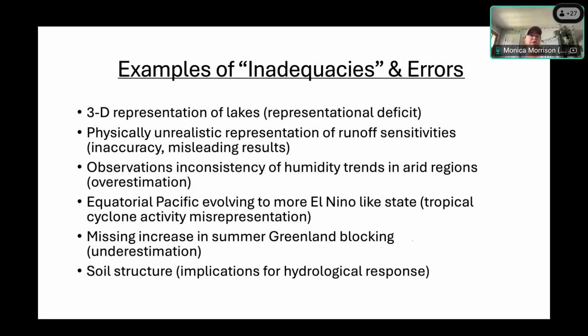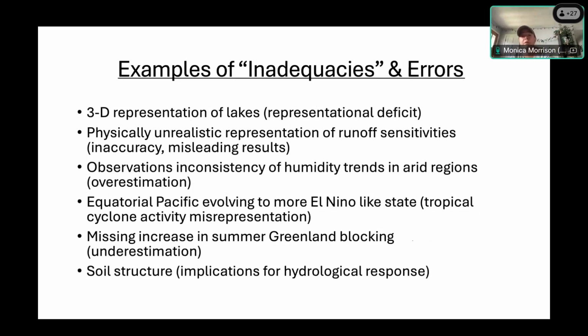simplifications and idealizations, like our representation of soil structure, and in some models, overall omissions of representation of certain things that matter for certain applications, such as how we represent soil structure and soil properties. And so what we're really trying to understand is, what are these representational gaps that are a consequence of how these models have been developed in order to provide us with information about global emergent properties?